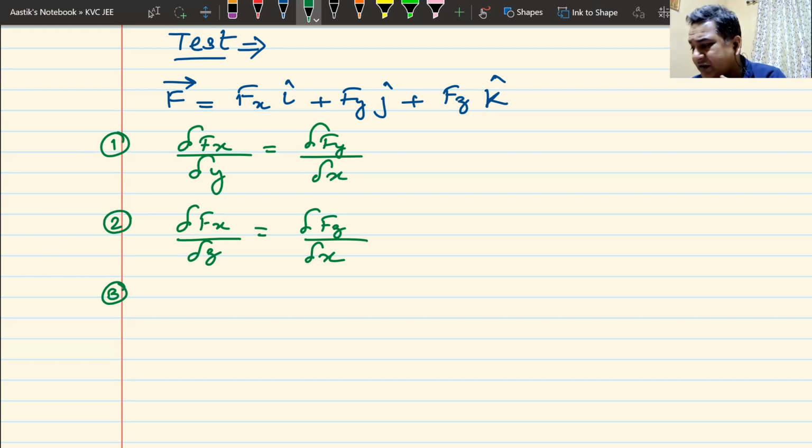Tell me what would be the third condition. No one? I see the mark getting passed.